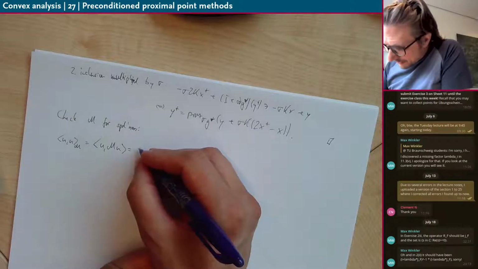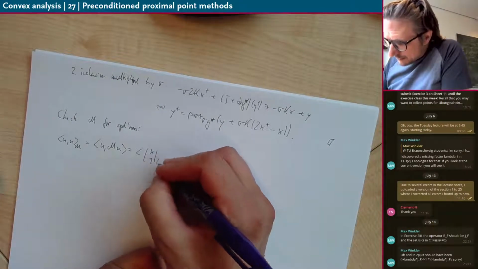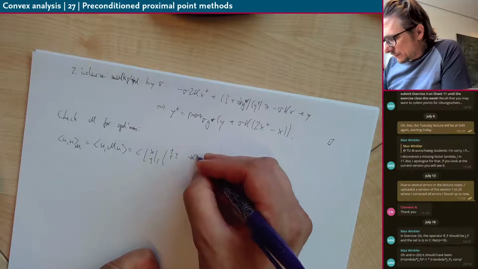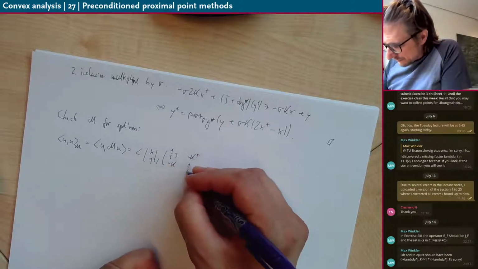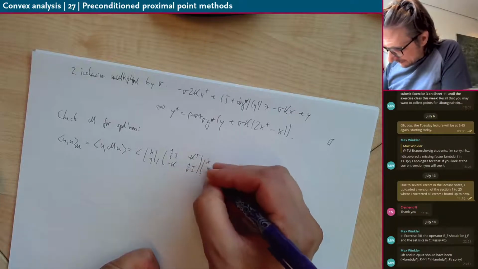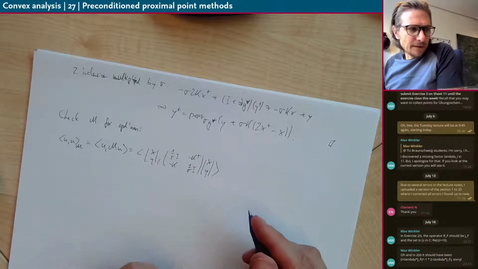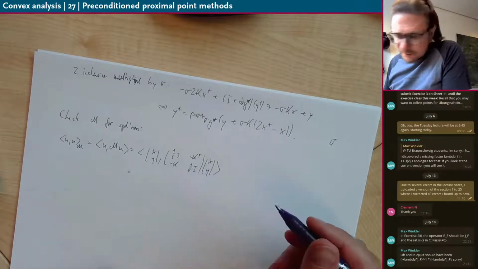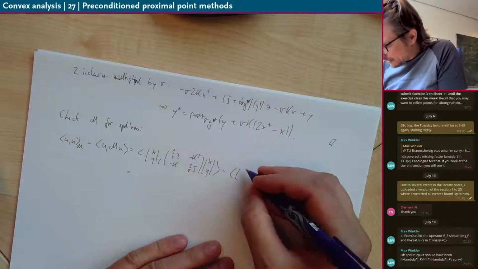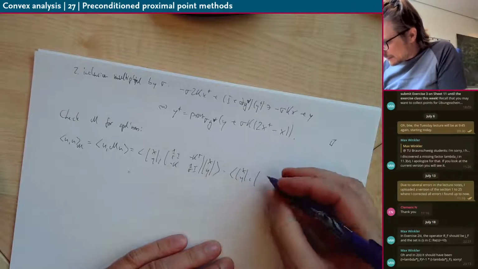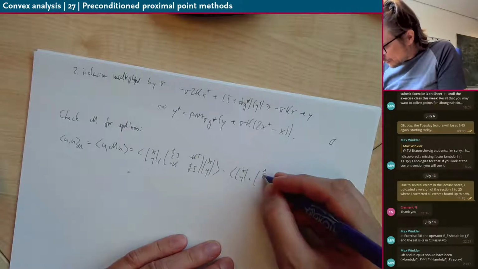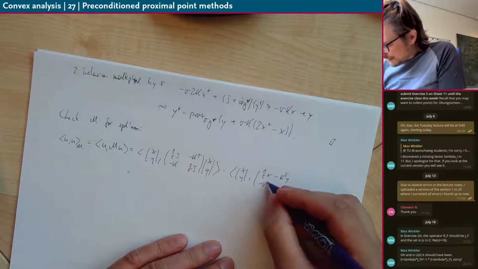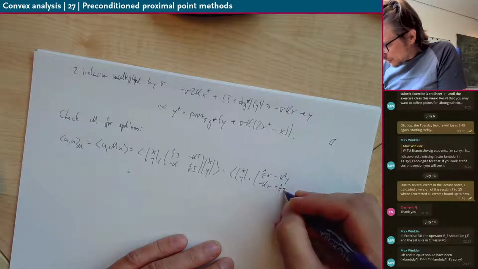Okay, so let's decode that. It's then xy times 1 over tau identity, then we had minus k transpose, minus k, 1 over sigma identity, times xy. Okay, so let's just write that out. I'm always on the slow side here. Maybe I first expand the right side. This is then 1 over tau times x minus k transpose y, and here we have minus kx plus 1 over sigma y.